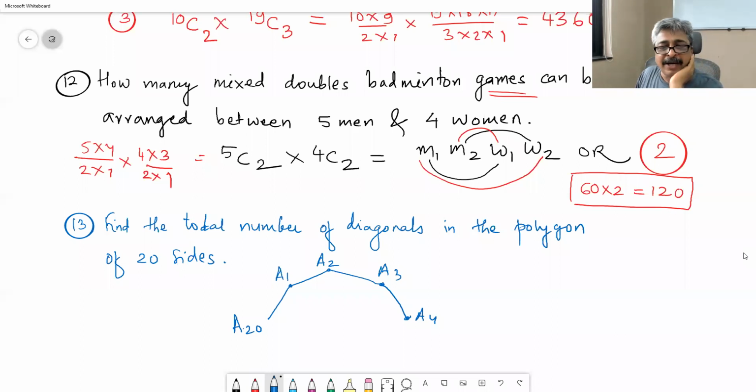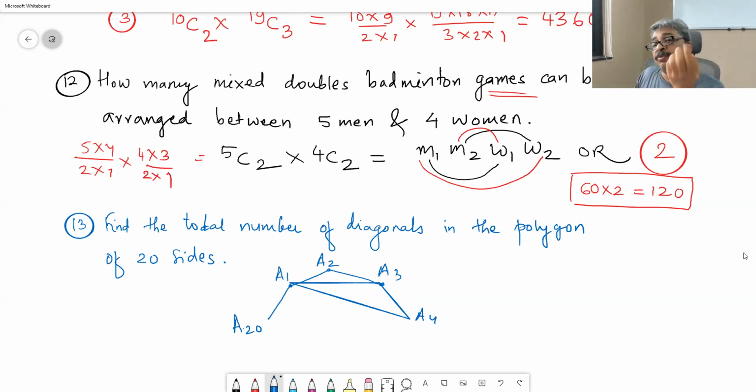A1, A20 is not a diagonal, A1, A2 is not a diagonal, A1, A3 is a diagonal. So if we choose one vertex, we can make 17 diagonals. Is that right? If we choose A1, I can make 17 diagonals like this, because A1, A2 is not a diagonal, A1, A20 is not a diagonal.